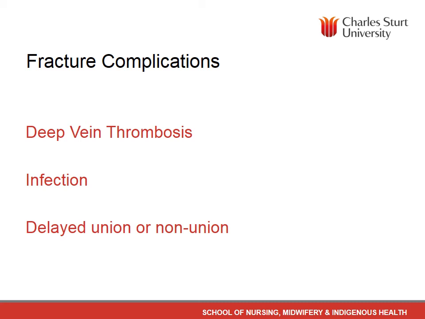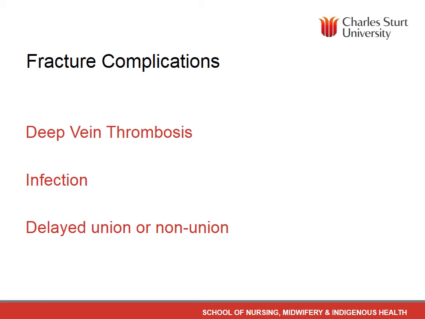The other thing there is delayed union, which results in prolonged healing. So delayed union can be seen in someone who has poor nutrition. So one of our overall things we need to be looking at when we're looking after people with musculoskeletal trauma and injuries is their nutritional status. Not getting them up and mobilising as quickly as we can. If infection occurs in the bone, that can cause a problem.